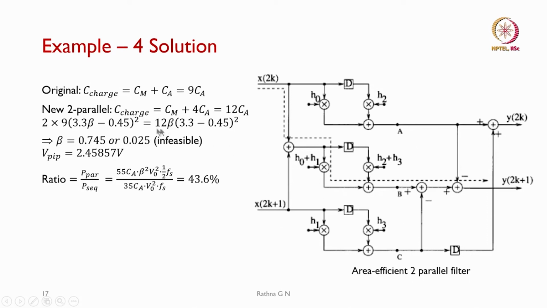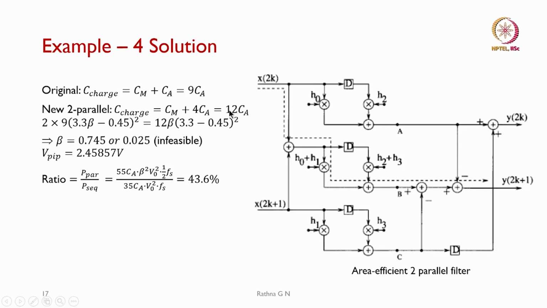So, we assume that the charge is Cm plus Ca, which is going to be 9 times Ca, because 8 Cm plus 1 Ca is equal to 9 Ca, and we have new 2 parallel, that is charge of the capacitor is equal to Cm plus 4 times Ca, because we have 2 parallel section.